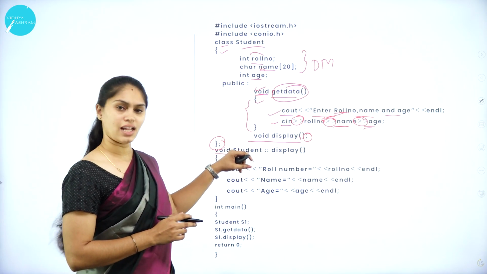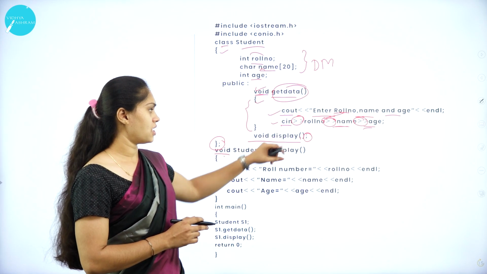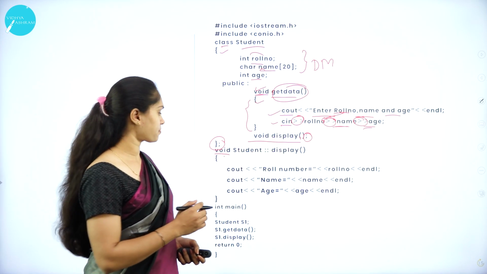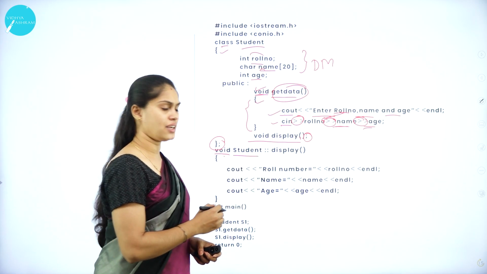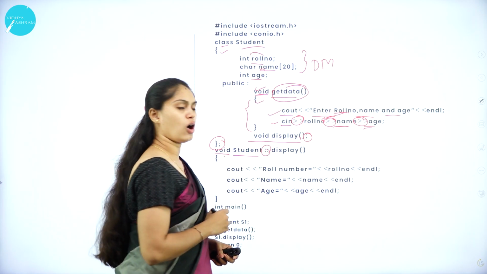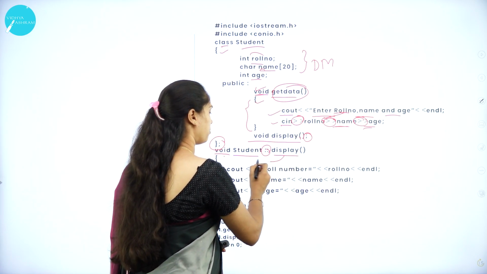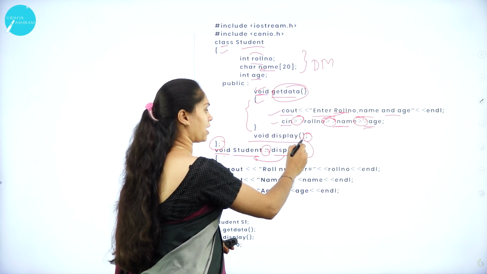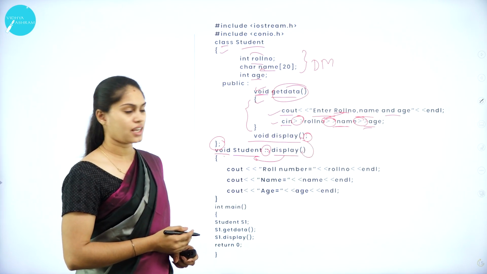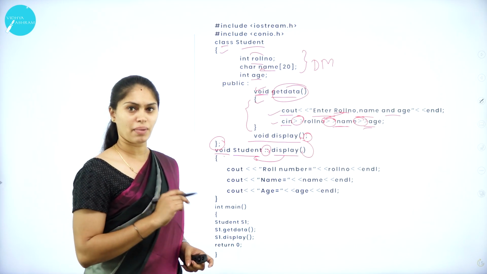So return type, then class name followed by the scope resolution operator, then the member function name. So here void is the return type and the class name is student. I am using the scope resolution operator that will link this display as a member of this class student. And here no parameters, as in the previous declaration. So in the definition also I am not going to use any arguments or parameters.